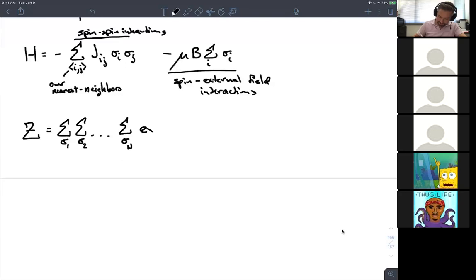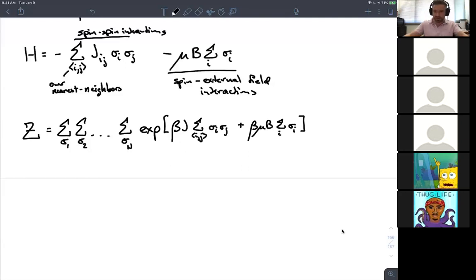And then it is exponential of beta J, sum over nearest neighbors ij, sigma_i sigma_j, plus beta mu B, sum over i, sigma_i. All right, so that's the general form of the partition function.